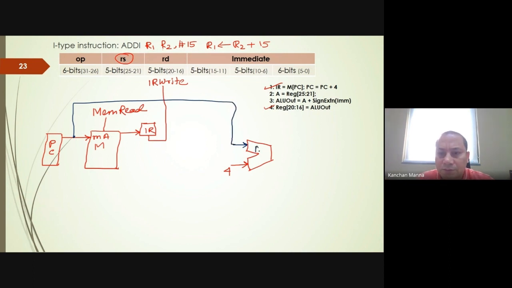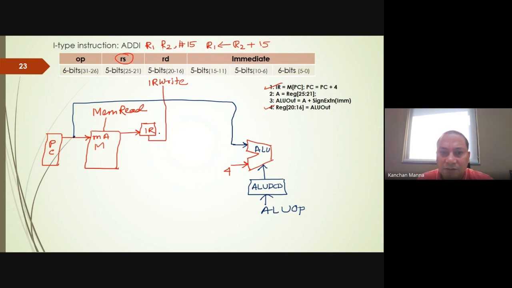So this is the ALU. We have to provide ALU control through the ALU decoder, and it is taking input ALU op. This ALU op would come from the controller. We will see that.